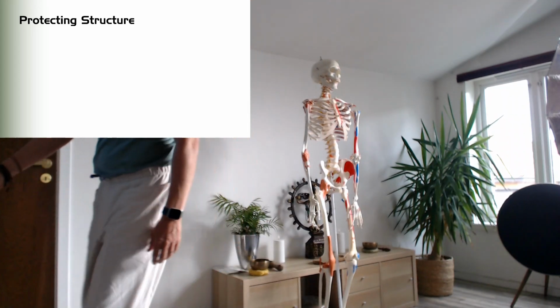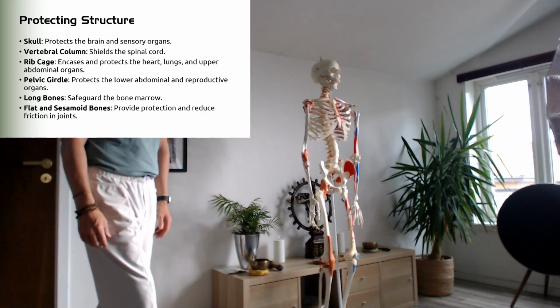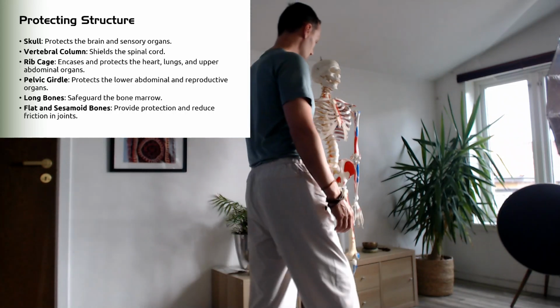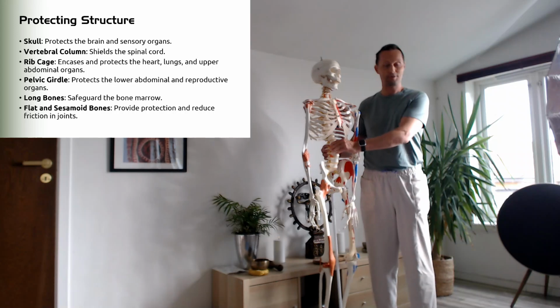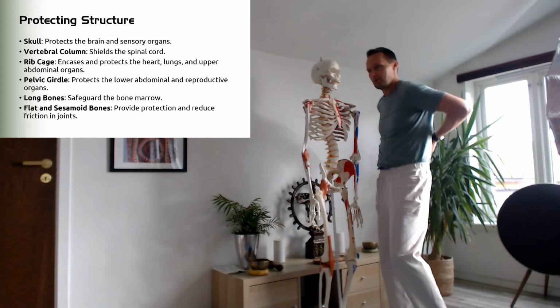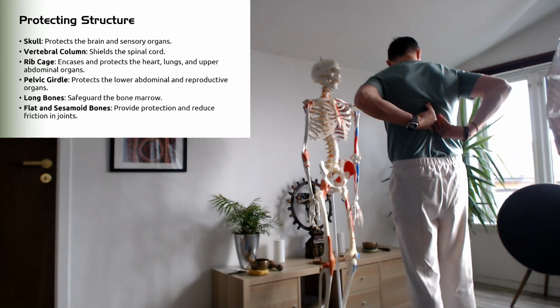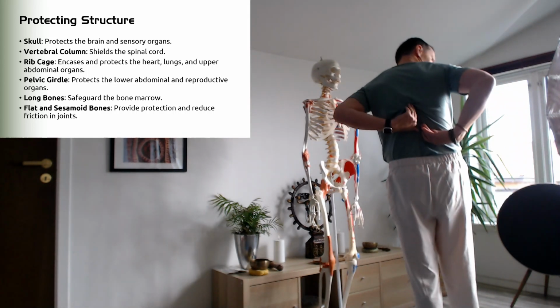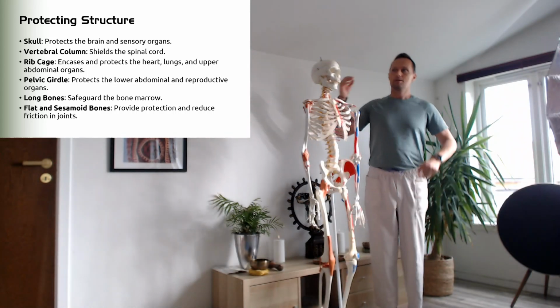Let's see how we did. We did the skull, the vertebral column. We felt the vertebrae, so we know how that feels. One place we didn't think about is the backside of the spine. Skull.